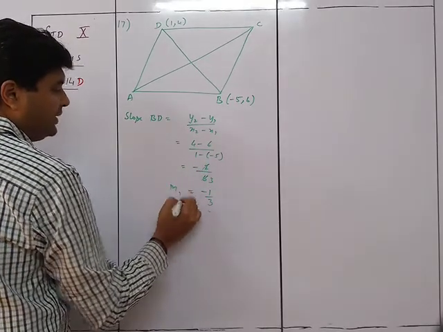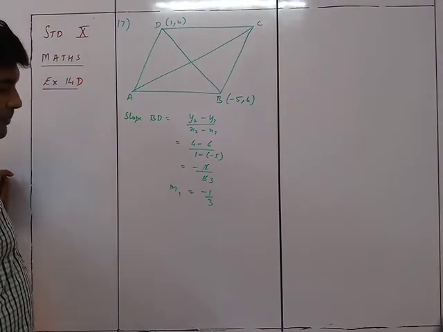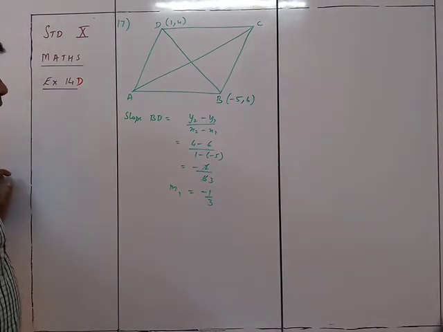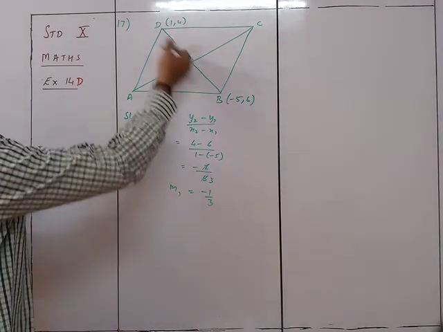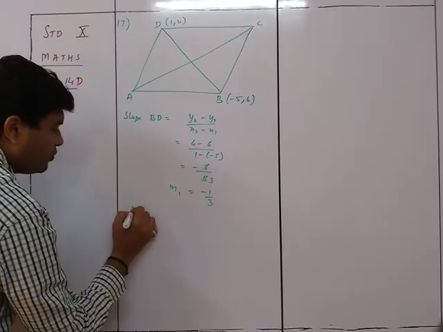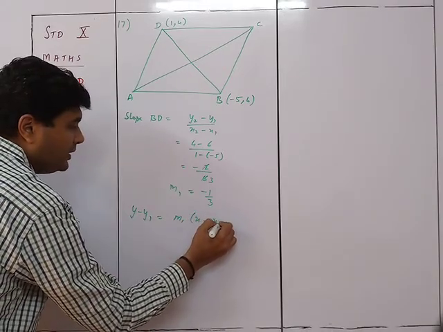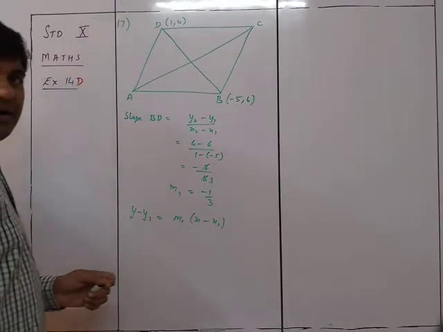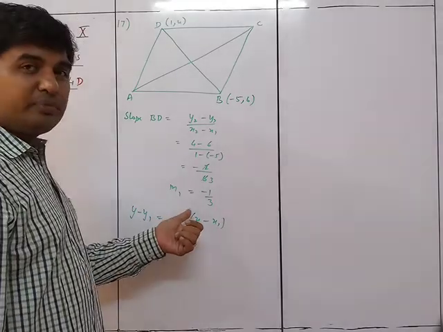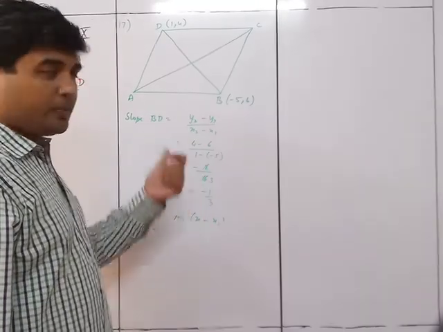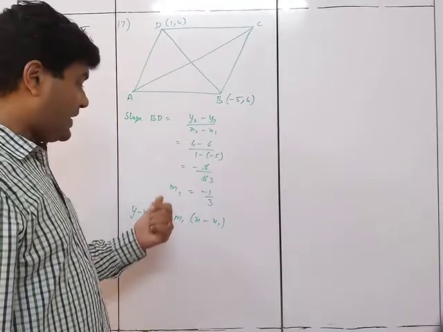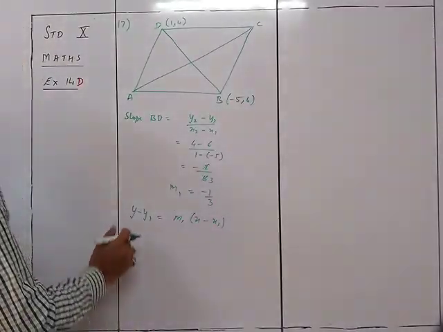That is, m1 is minus 1 upon 3. We can take this point, so it is y minus y1 equals m1 times x minus x1. There is a reason why I did not use the 2-point method: I wanted the slope separately, because I will be using the slope in a separate thing. So I have taken out the slope separately.